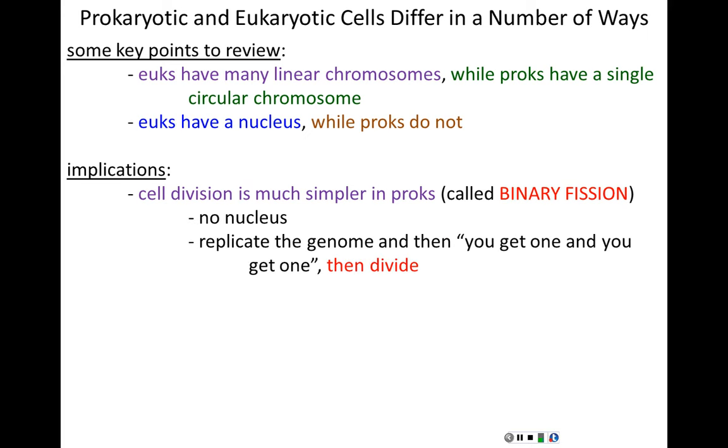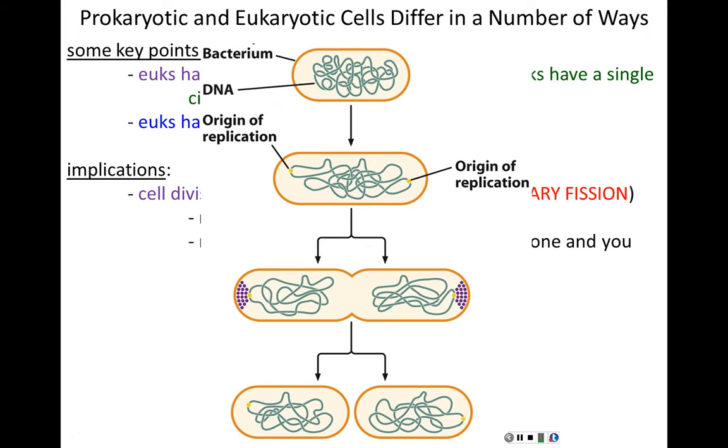No nucleus means that you can just take your single genome, copy it, and then deal out that deck of 2 cards, saying, you get a chromosome, and you get a chromosome, and we're done. So for a bacterial cell, you take that one single chromosome and copy it into 2 chromosomes.